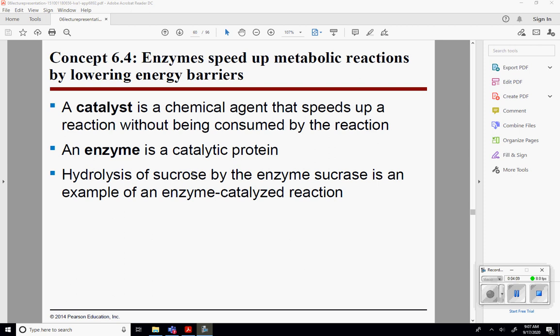Notice your sugars end in -ose, and your proteins, more specifically your enzymes, end in -ase, with the prefix that describes what it is that they are catalyzing. So sucrose, sucrase, see the tie in there?